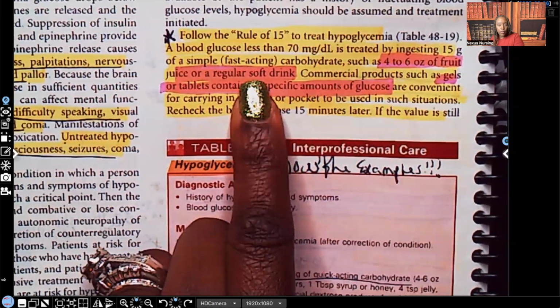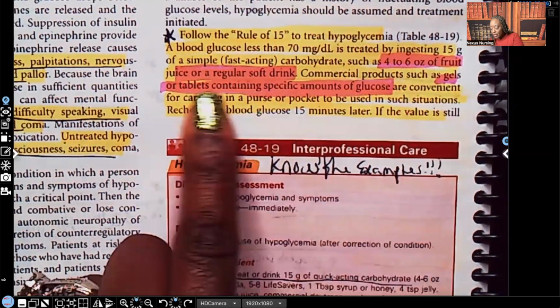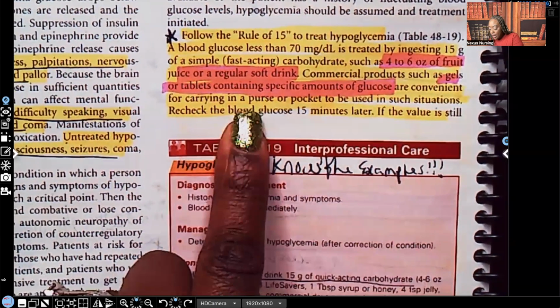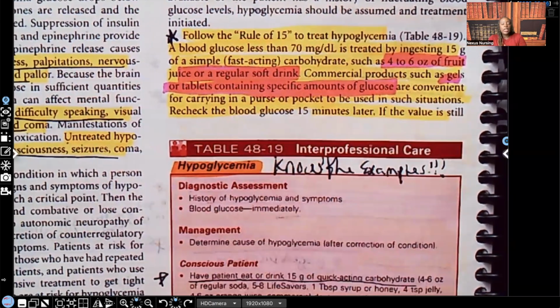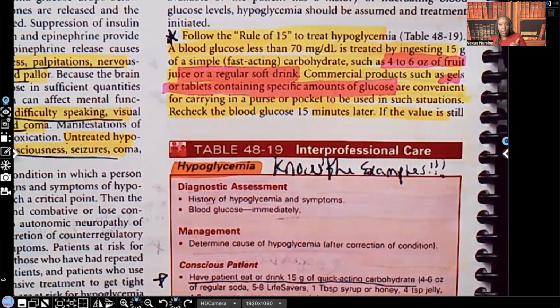Okay, so 15 grams of that. Commercial products such as gels or tablets that contain specific amounts of glucose are convenient for carrying in a purse or pocket to be used in situations. So the first thing you're going to do is take 15 grams of a fast-acting carb, something that has glucose in it that will bring up your blood sugar immediately, right?